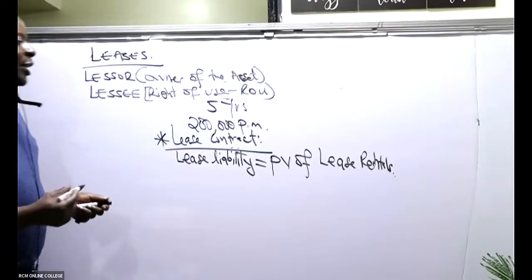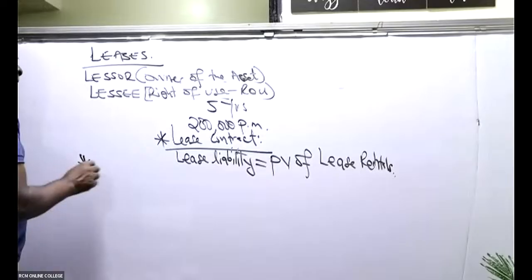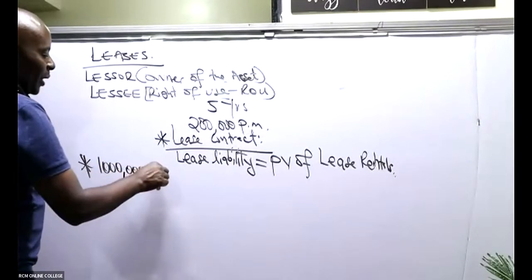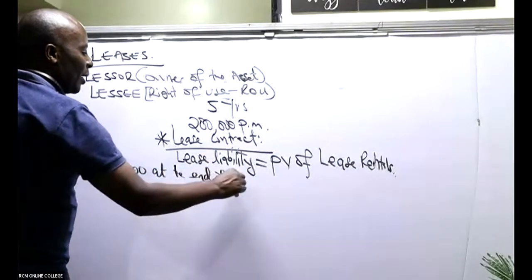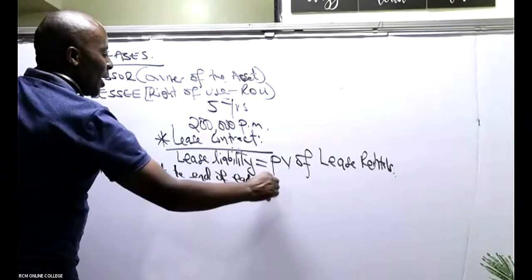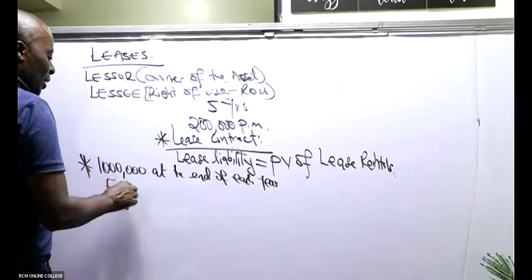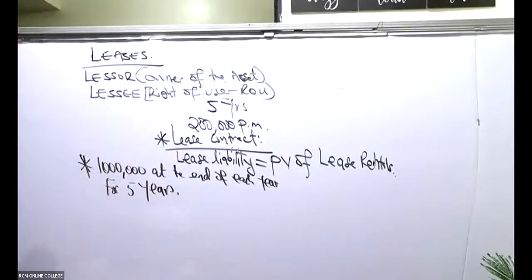So assuming, for example, we have entered into this kind of a contract where somebody wants us to be paying 1 million shillings at the end of each year for 5 years.